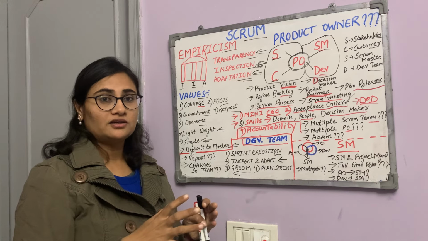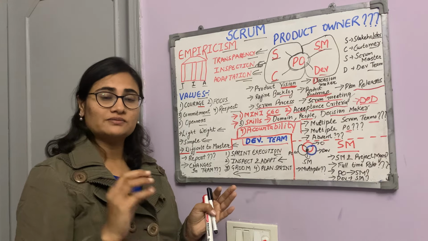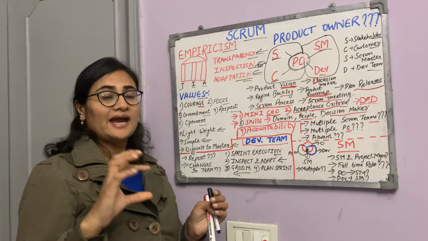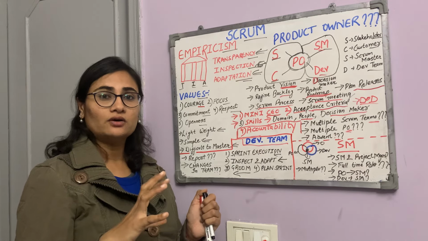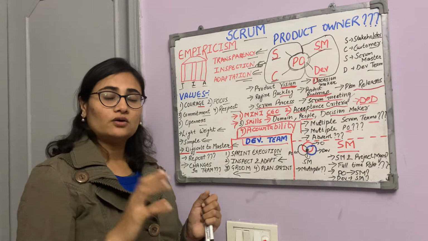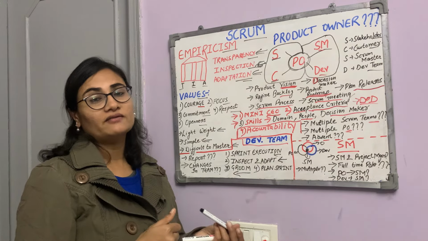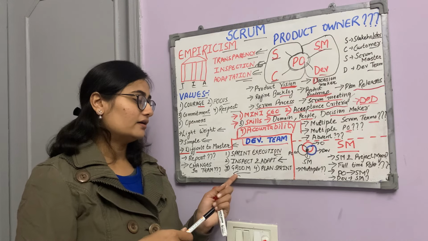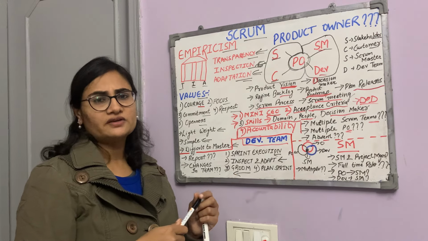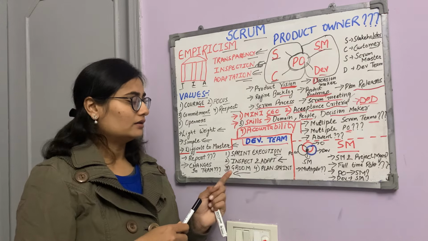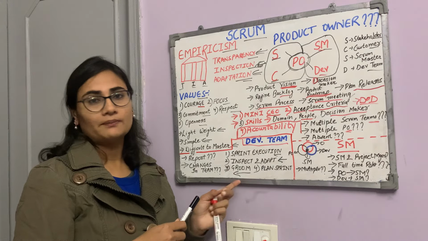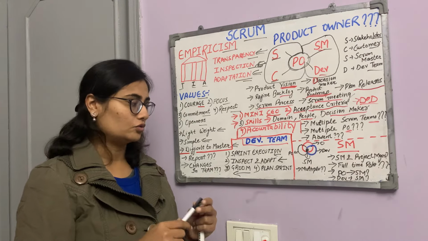They will estimate the user stories. They will give them certain story points, and basis the velocity and the capacity of the team, they will commit the number of stories they are going to develop within a sprint. Any clarification on the requirement, the development team can take from the product owner.